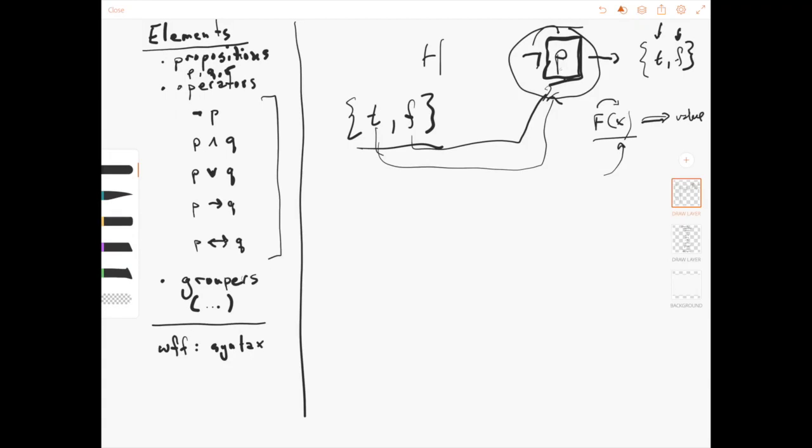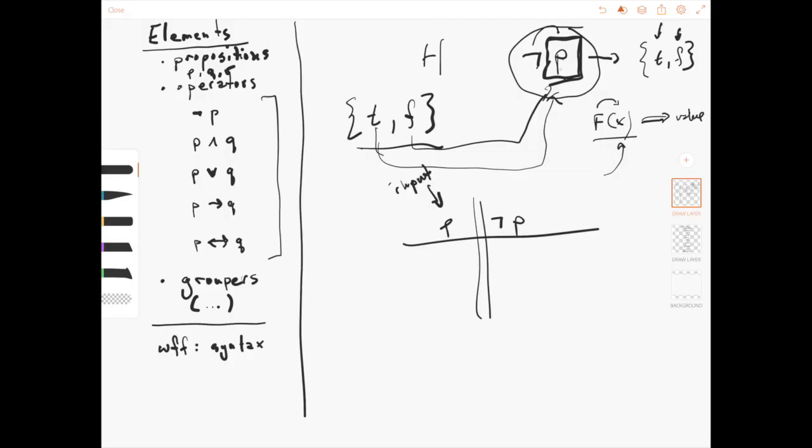So there's a convenient way for us to represent this behavior using a truth table. I'm just going to show you an example of a truth table, and then we're going to learn how to construct one. So this is the input column.